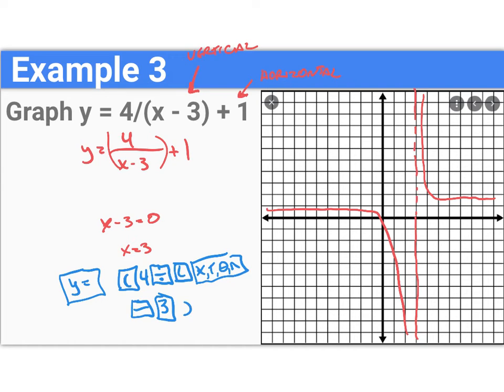Now, because you have 2 parentheses open, you got to close using 2 parentheses. If you don't close using 2 parentheses, you're going to get an error message. Or you may get something that you don't want. And then add 1. And then hit graph. And you will see what you have. Okay. So there you go.